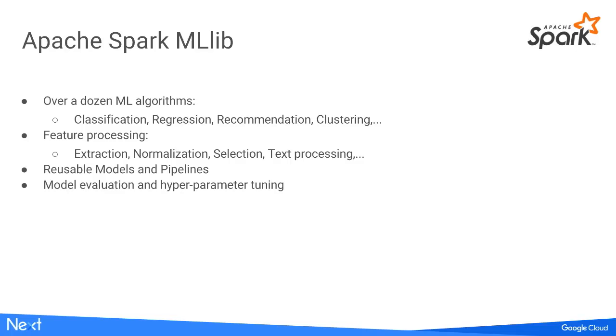All of those transformations are built in, very easy to use. Once you have your transformations and your algorithms, you compress them together into pipelines, which you run to train models. And then you can improve the models with hyperparameter tuning. And I will show you all of that in the demo.